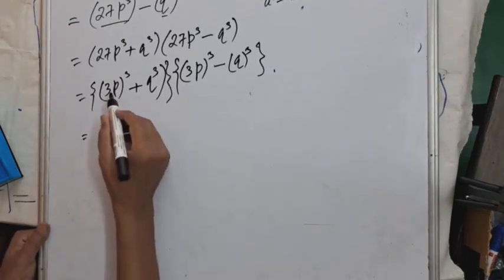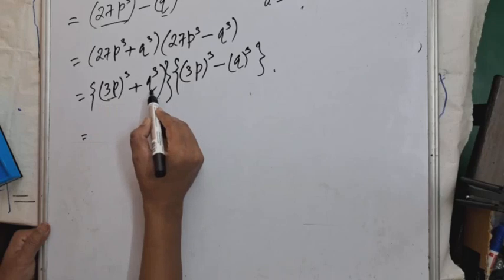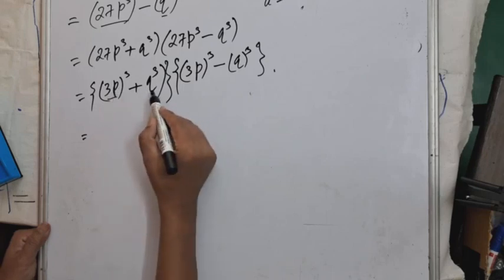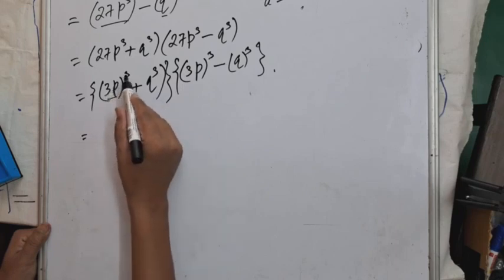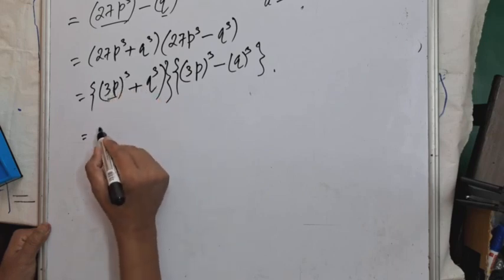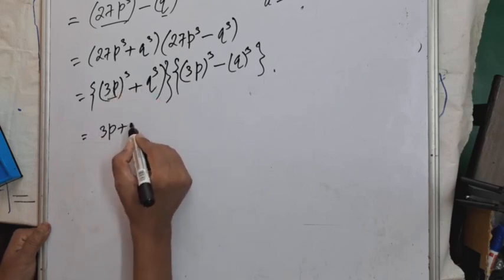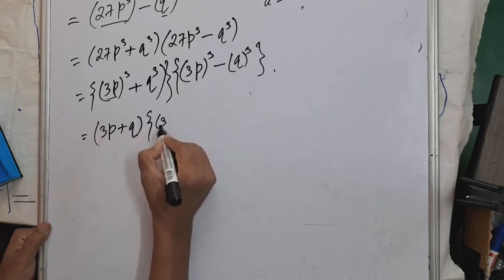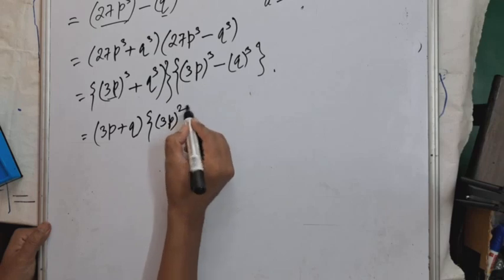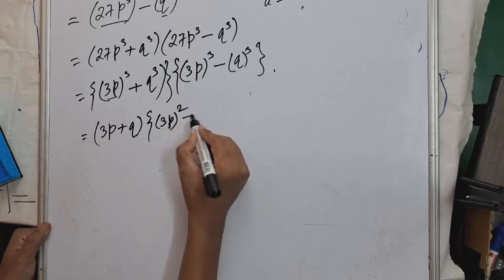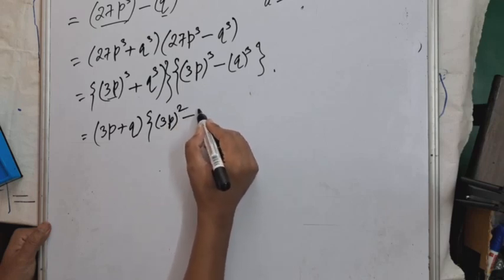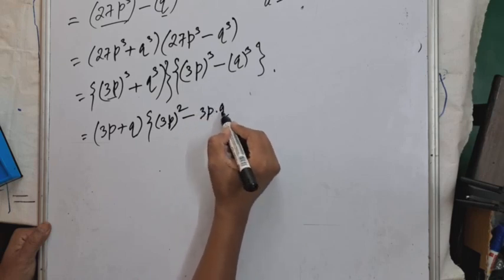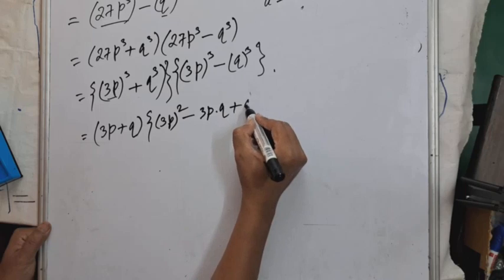This we assume as a and this is b. 3p we assume as a, q we assume as b. So a cube plus b cube will give us a plus b into a square, 3p square, minus ab, that is 3p into q, plus b square, q square.